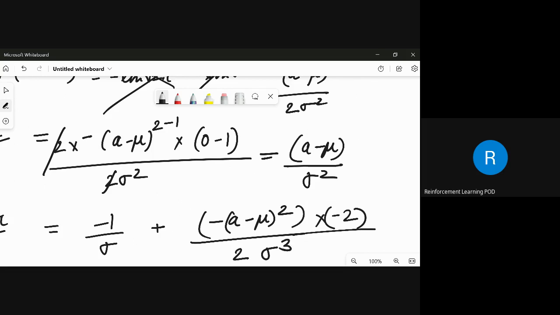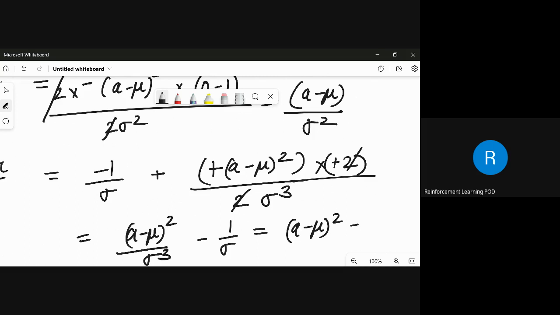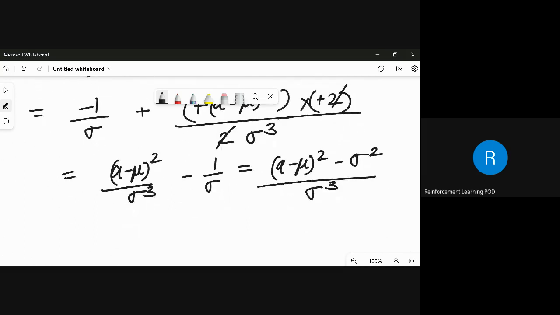Is this correct? Yes. The 2 goes away from here, and this will become positive: (a minus mu) whole square divided by sigma cube minus 1 by sigma, which can be written as (a minus mu) whole square minus sigma square, divided by sigma cube. This looks correct, right?